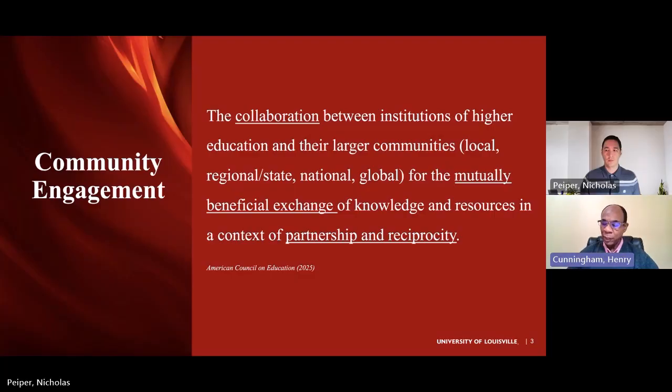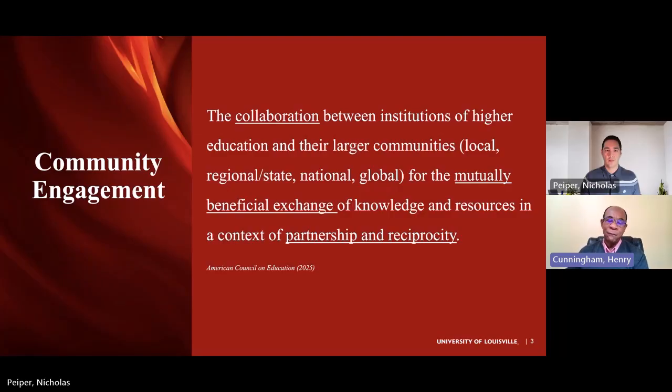I share this definition because there are many different groups now that use the term community engagement. The city has a person that oversees community engagement. Humana has a person that oversees community engagement, and different groups now have people who oversee community engagement.